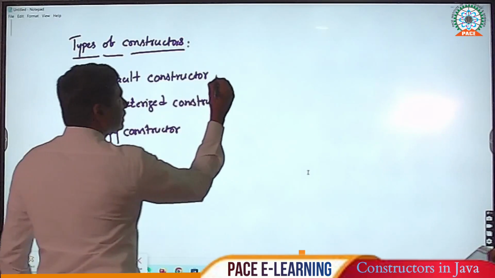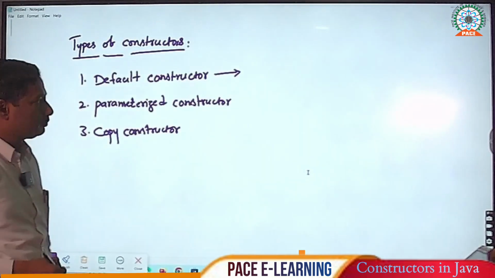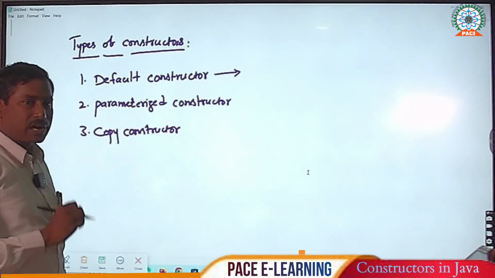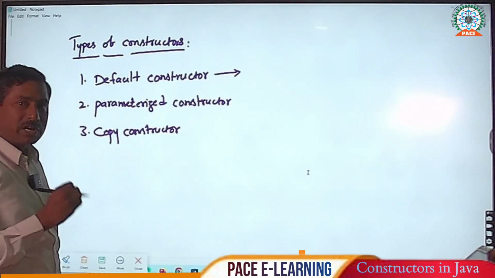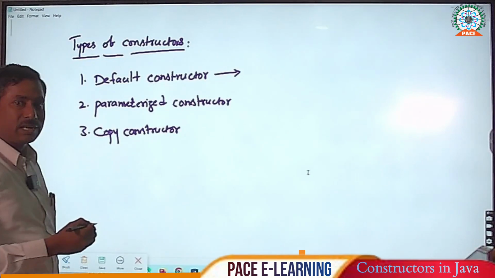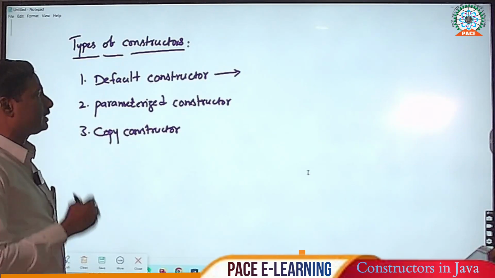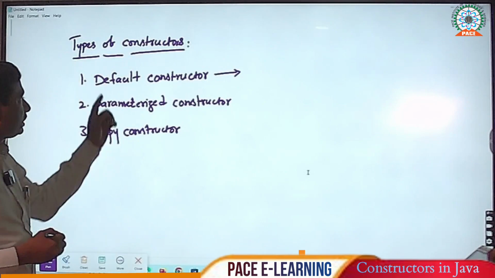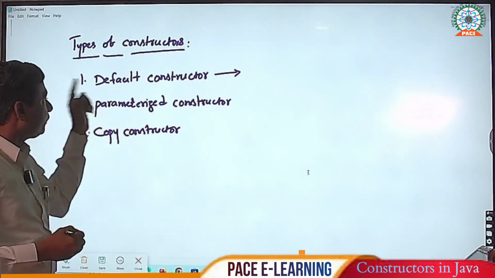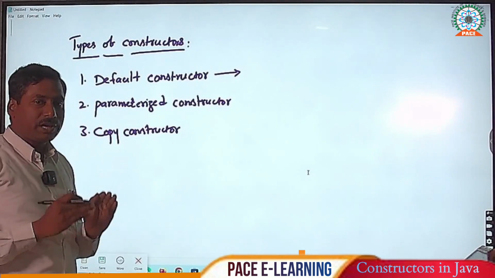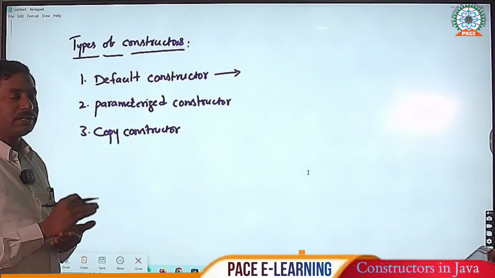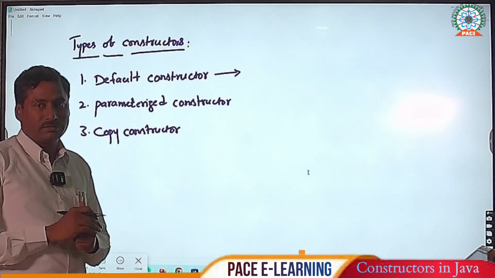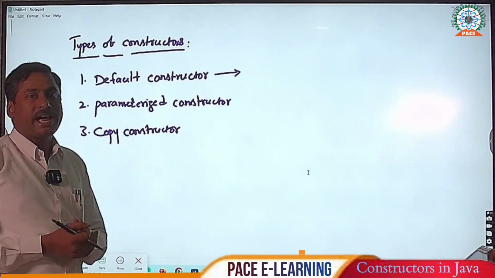What is a default constructor? As I told you previously, without your knowledge, there is a constructor inside your class. Who is writing that constructor? The compiler takes the responsibility to write the constructor if you are not writing one in your class. So that is called the default constructor. And one more thing about this default constructor, we can say like this: if a constructor is not accepting any arguments, that is also considered a default constructor. Already I told you, a constructor is a method. If it is a method, obviously it accepts arguments.